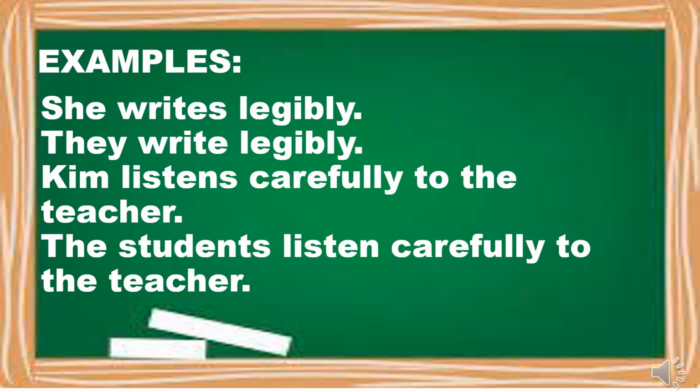The noun here is the students, and the verb is listen. So the students is plural and listen is a plural verb. So, once again, a singular subject must have a singular verb and a plural subject must have a plural verb.